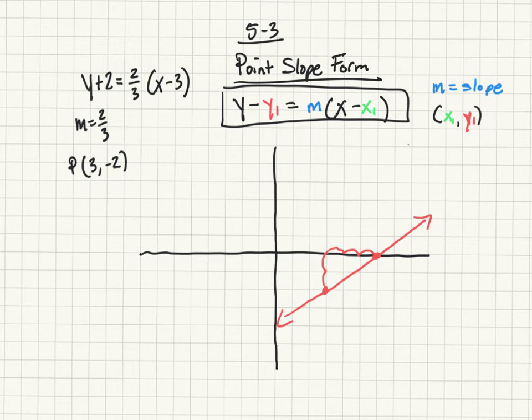Okay? So pretty straightforward. They give you the equation, you pull out the slope, you pull out the point, and then your first step is to plot the point and then use the slope to find the second point and then connect the dots. All right.